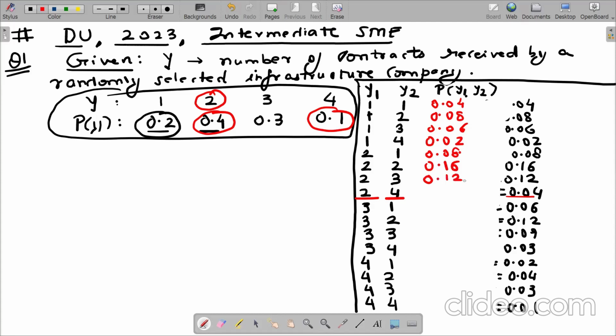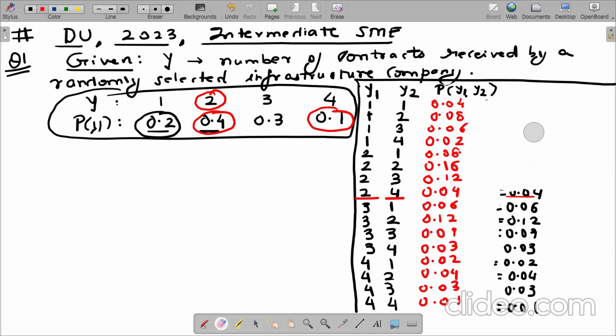What I'm doing is copying the column to save on space. Okay, and then I erase all this off. So we have got the probabilities.